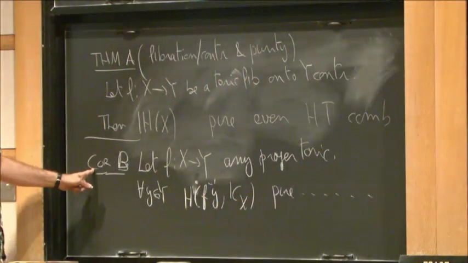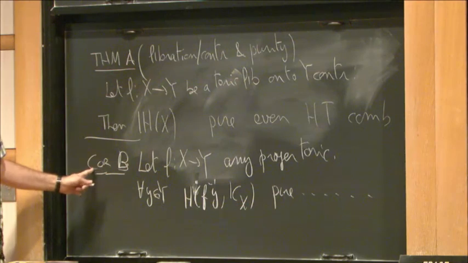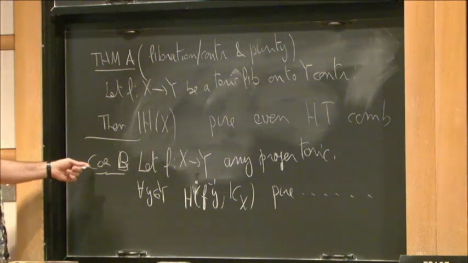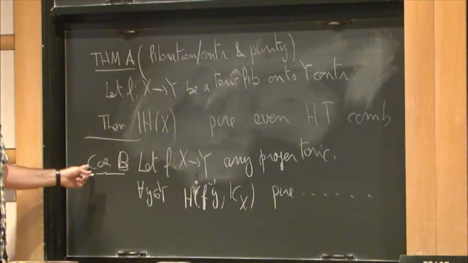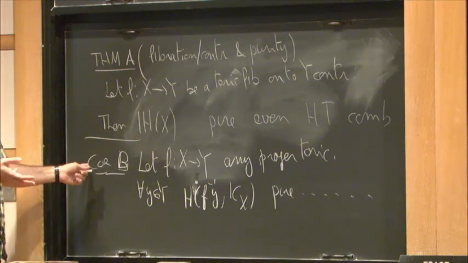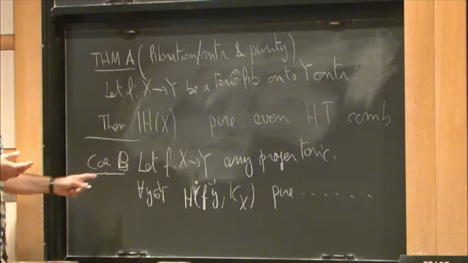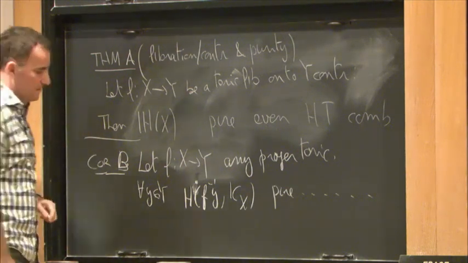Now the corollary is immediate via the Stein factorization. So you apply theorem A to the Stein factorization, to the fibration, and you obtain the corollary. So it's an immediate consequence of theorem A.